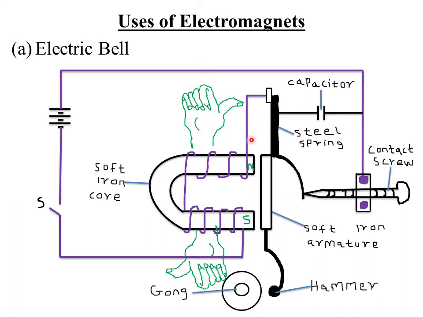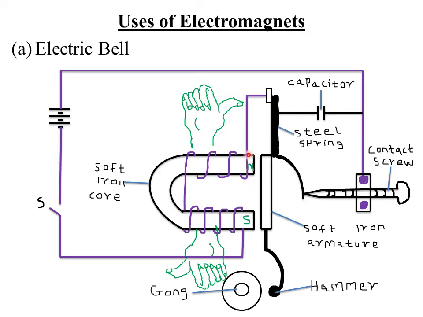So when the current flows through this wire that is wound over the soft iron core, this particular soft iron core gets magnetized. Now when it gets magnetized, it also induces magnetization in the soft iron armature here. Remember, when this one is magnetized, it attracts any magnetic material closer to it.